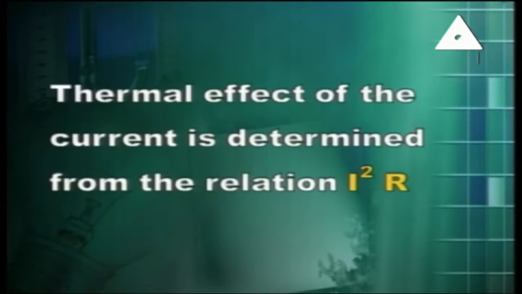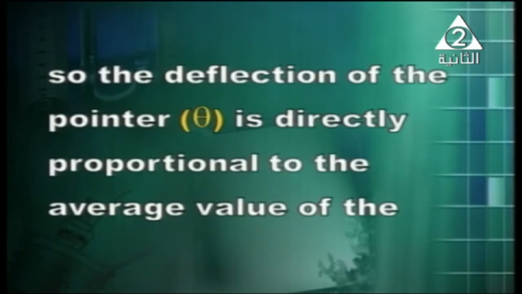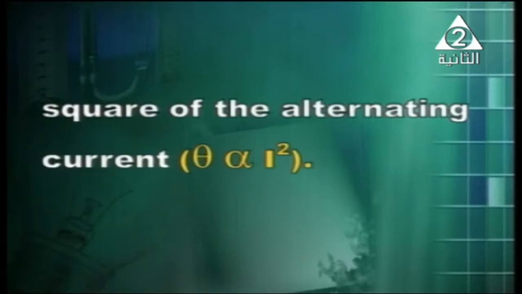Thermal effect of the electric current is determined from the relation I squared R. So the deflection of the pointer theta is directly proportional to the average value of the square of the alternating current. Theta is proportional to I squared, not proportional to I itself. That's why the scale is not uniform.